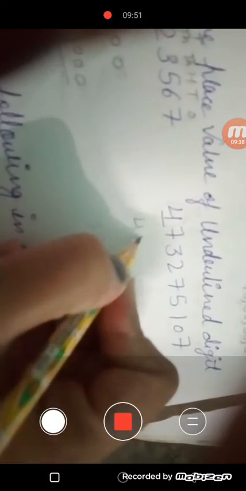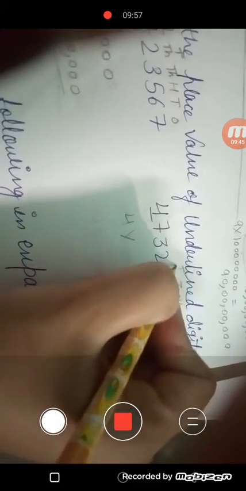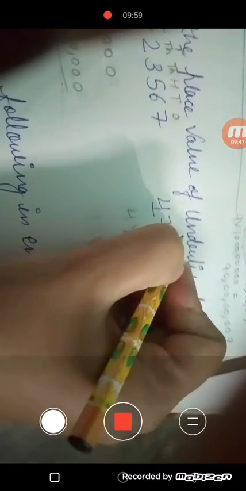In the same manner, we will do this question also. So 4 multiply. Here ones, tens, 100, 1000, 10,000, lakh, 10 lakh, crore, 10 crore. So now this time, our digit is on 10 crore position.